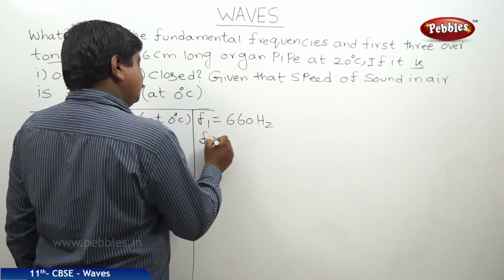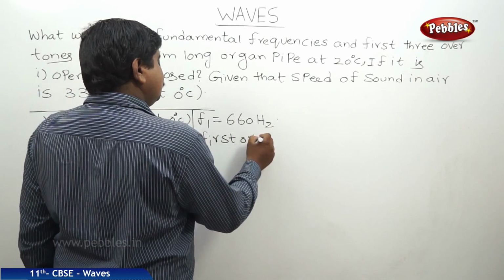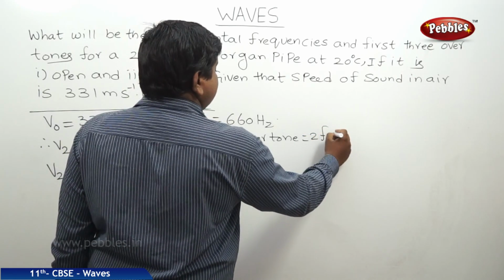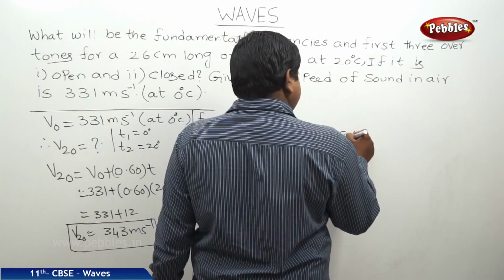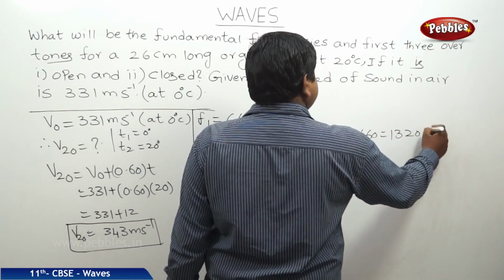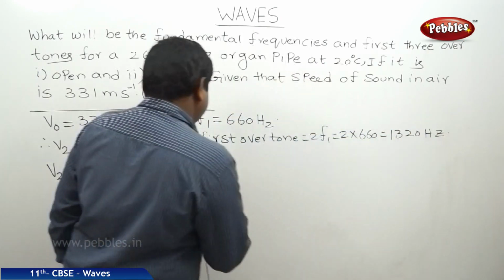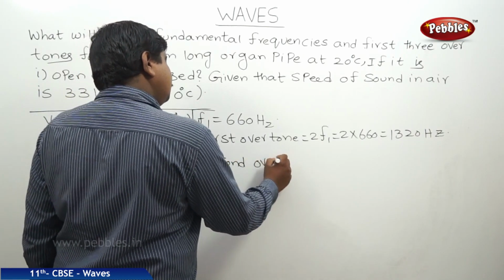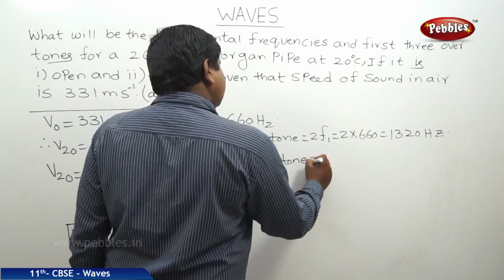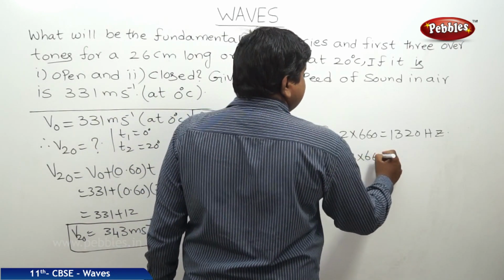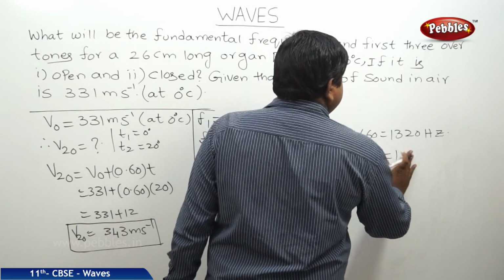First overtone, 2 F1, that is equal to 2 into 660, nothing but 1320 Hz. Second overtone, 3 F1, nothing but 3 into 660, 1980 Hz.